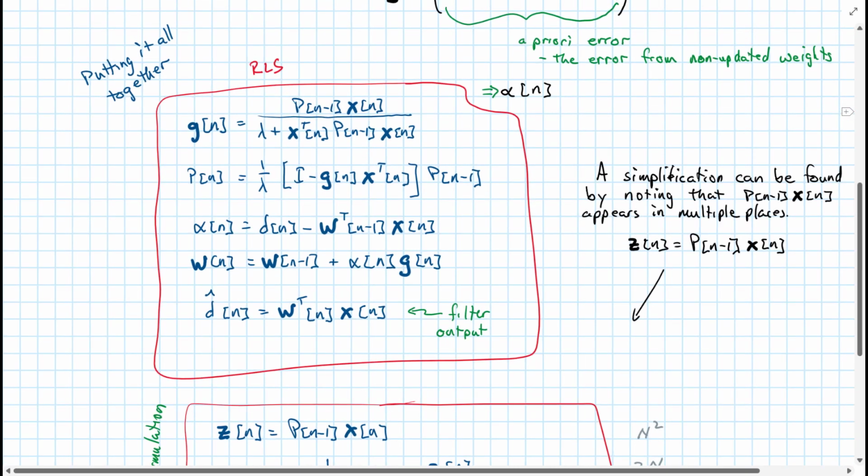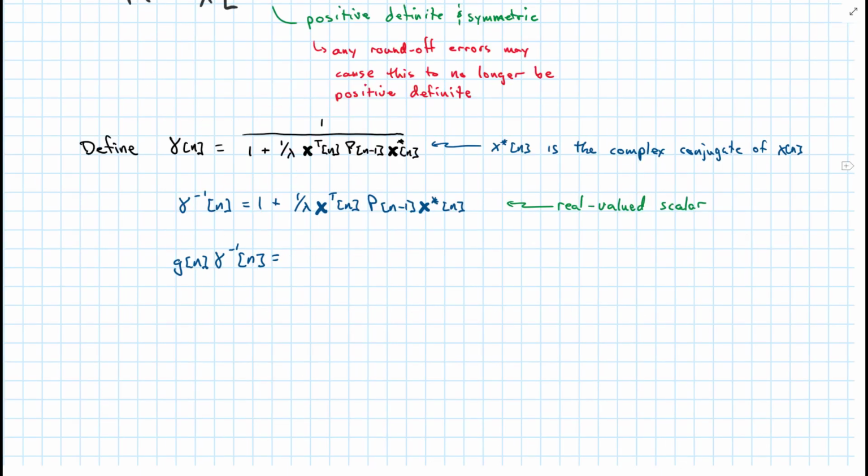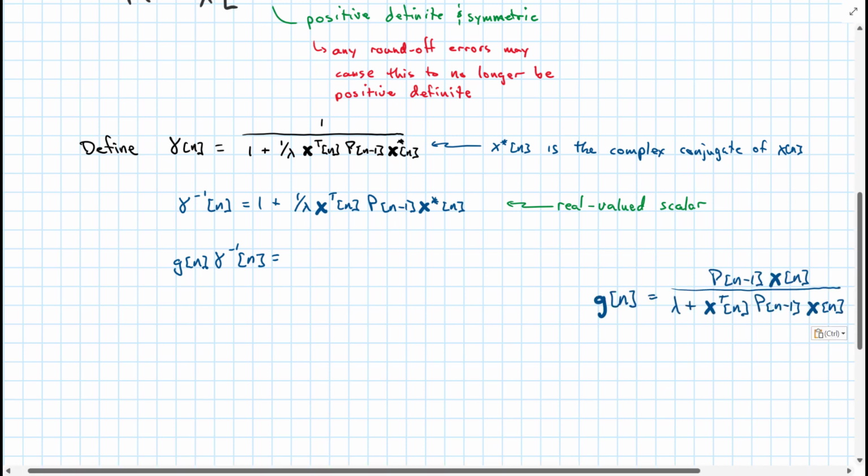G of n is simply equal to something that's very similar to what we've just developed, but it has the P of n minus 1 and the x of n at the top. Let's put that over there just as a reminder.